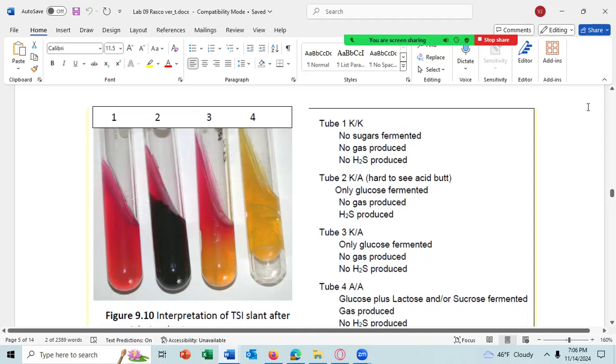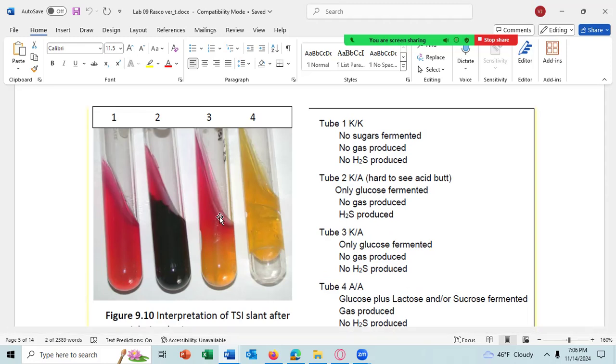Tube 3 is red on the slant, but yellow in the base. Tube 3 only has glucose fermented. How we know that is because the glucose is 10 times less concentrated than the sucrose or the lactose.